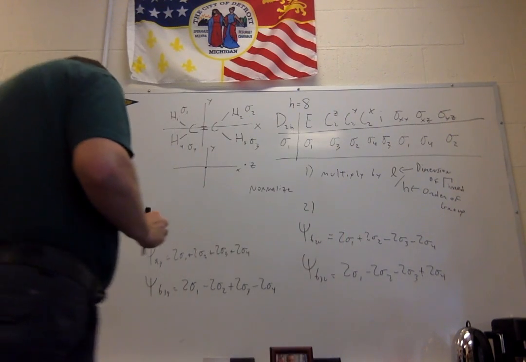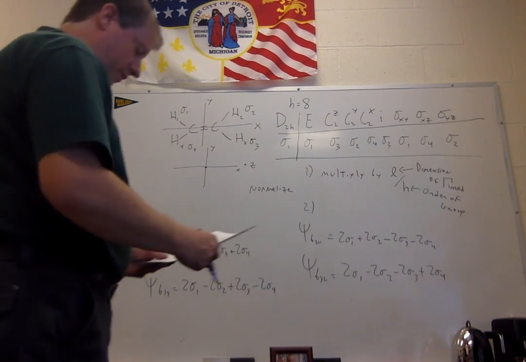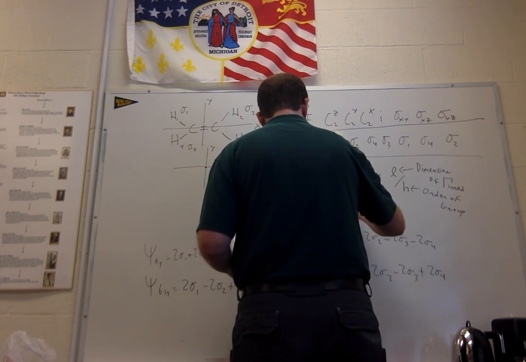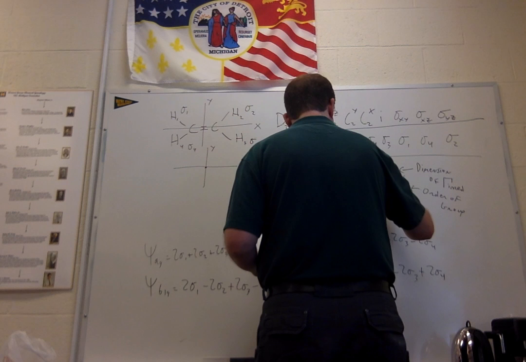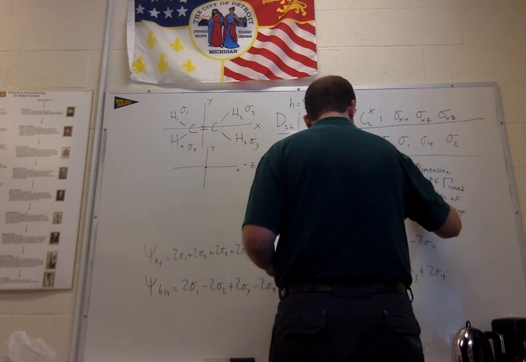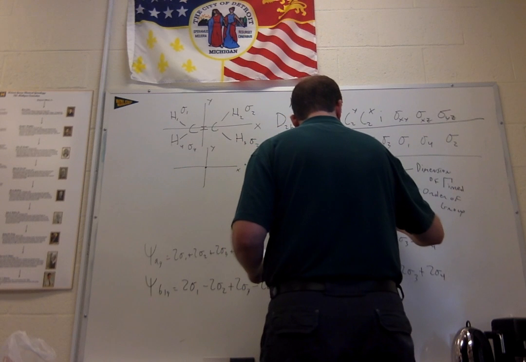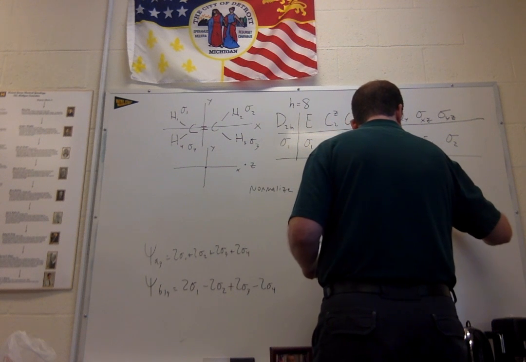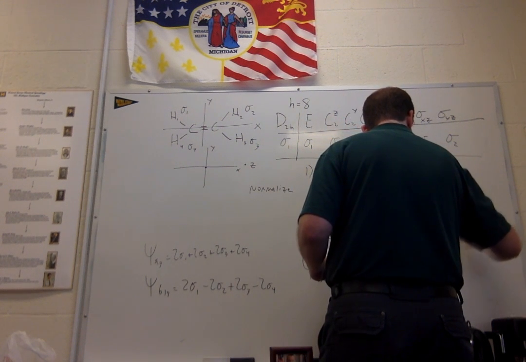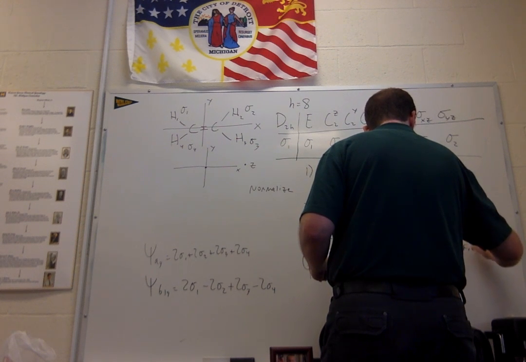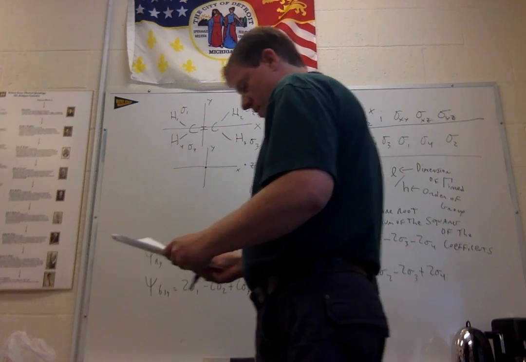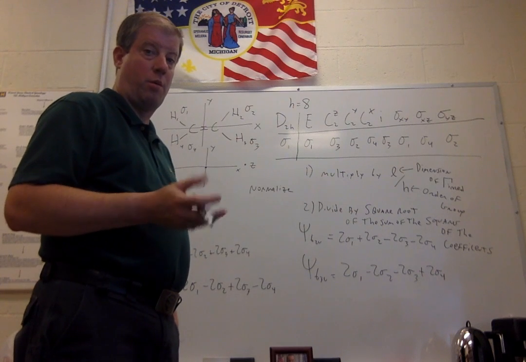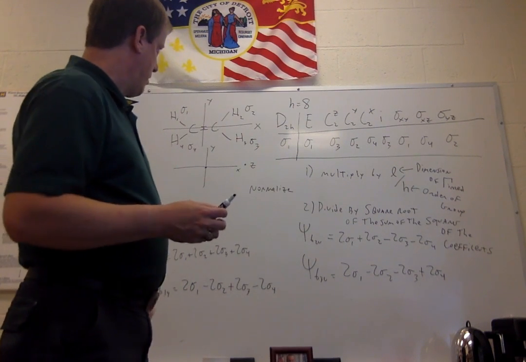Step 2 is divide by the square root of the sum of the squares of the coefficients. So let's do that.